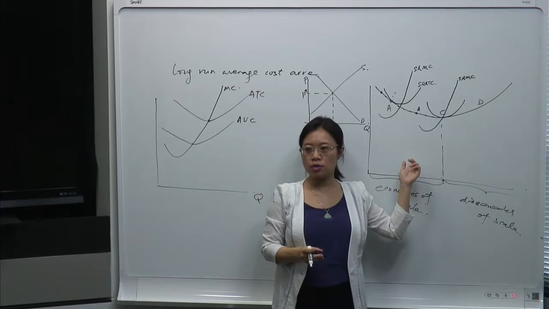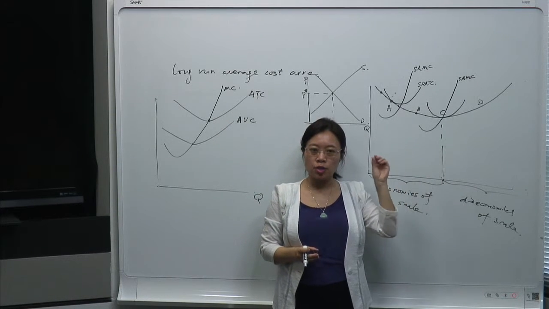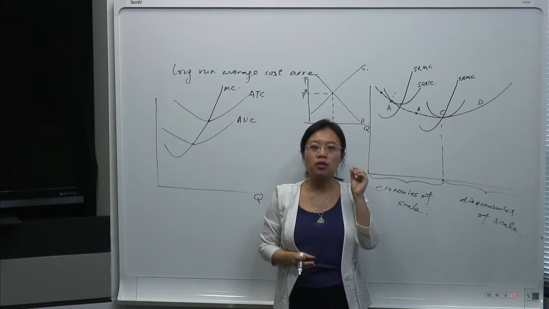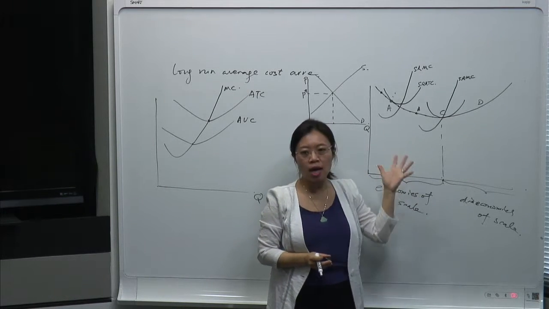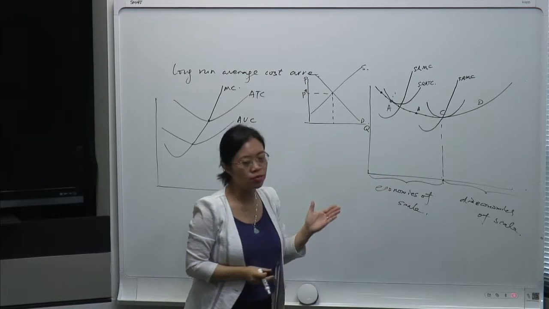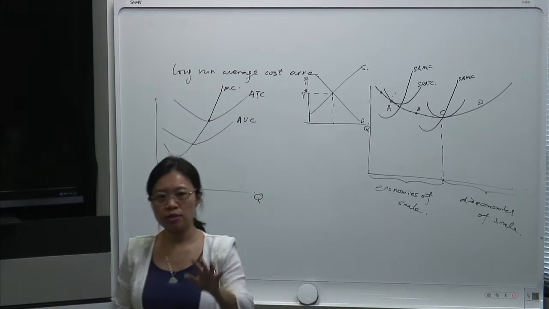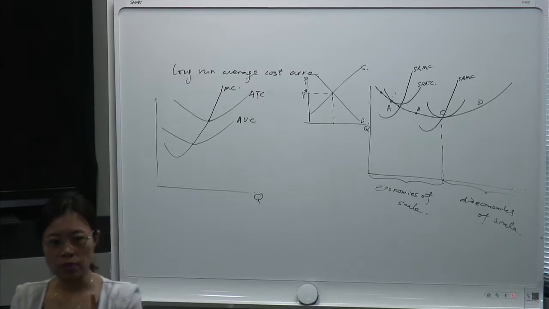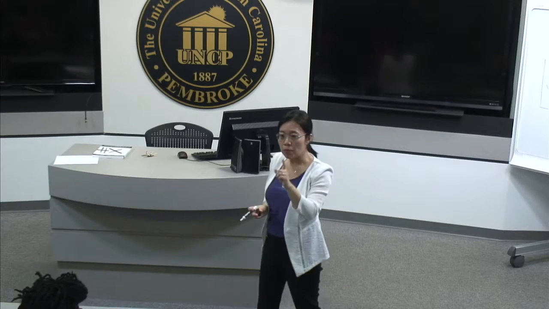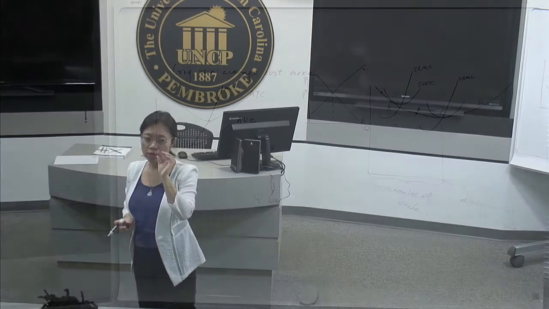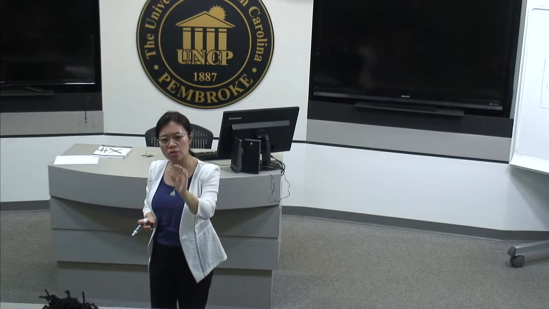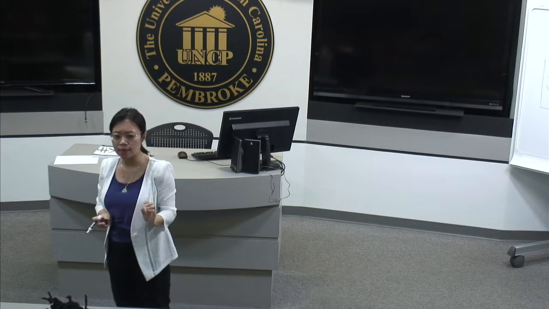What does this graph represent? Every time you draw an average cost curve and marginal cost curve, that doesn't represent the market, remember. That represents that particular firm's characteristics: their efficiency, their management level, their production capacity.